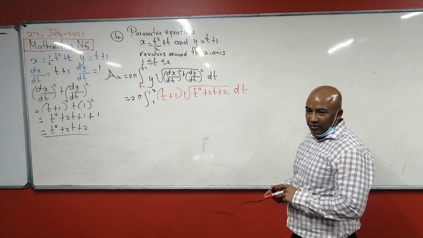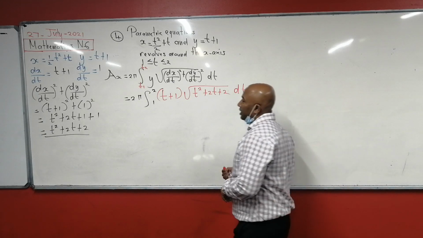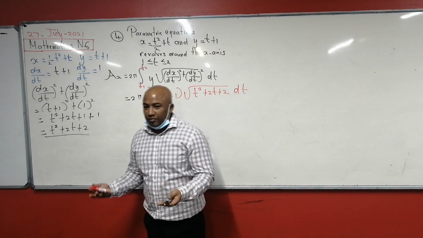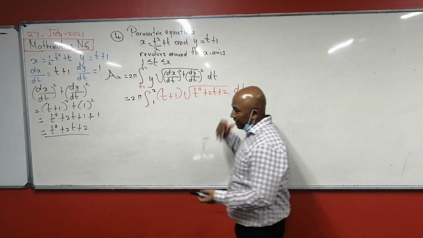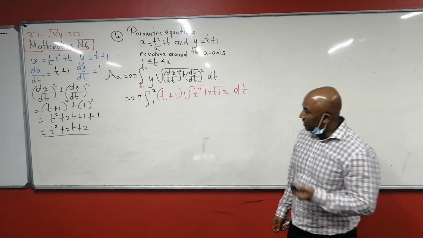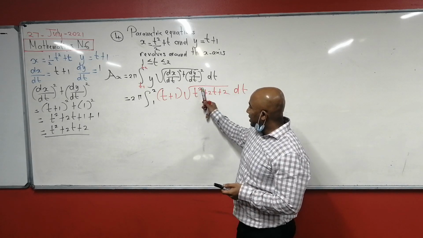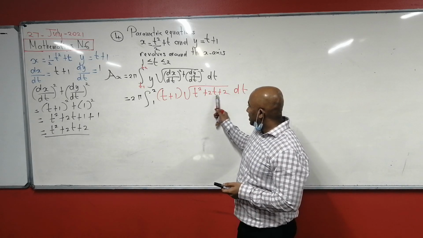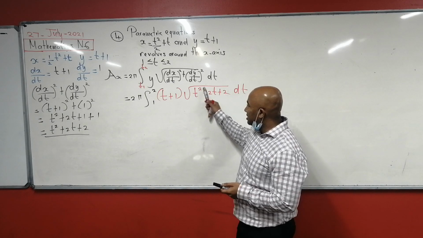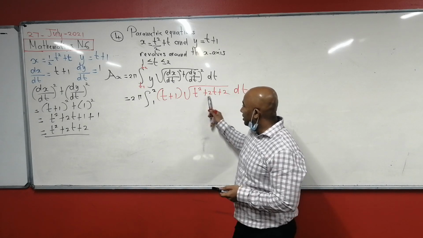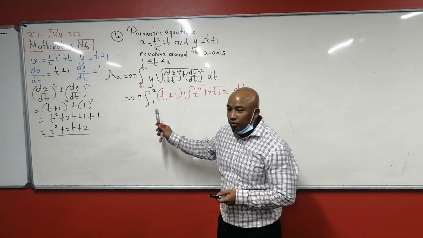Now, how are we going to integrate this? How did we integrate the previous example? What do you notice here? This is t squared plus 2t plus 2. When you differentiate t squared, you get 2t. When you differentiate 2t, you get 2.